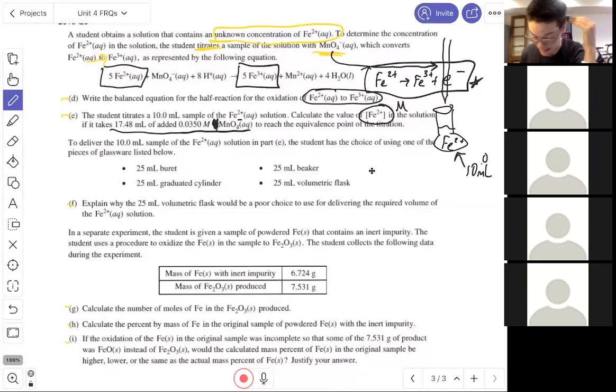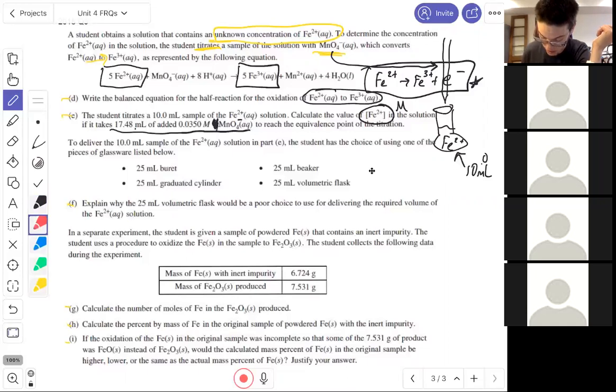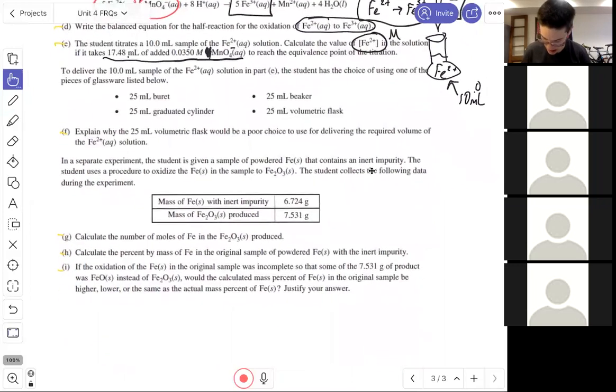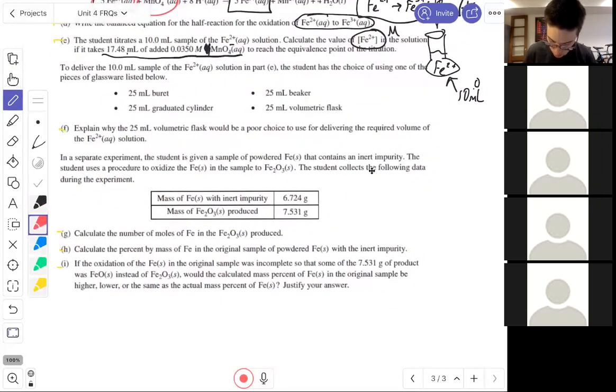Okay, so this is just a stoichiometry problem. I have a volume, I have a molarity, and it's asking me for a concentration. I have a balanced chemical equation, which is going to let me stick a mole ratio in there. So let me scooch down a little bit to find some free room. What number do I start with? The 17.48.